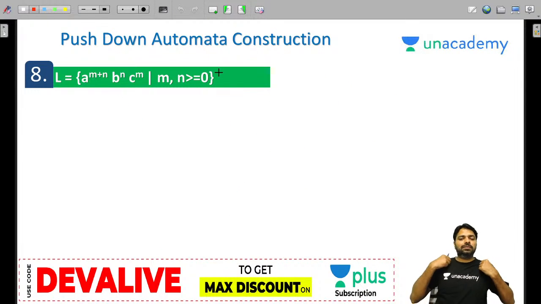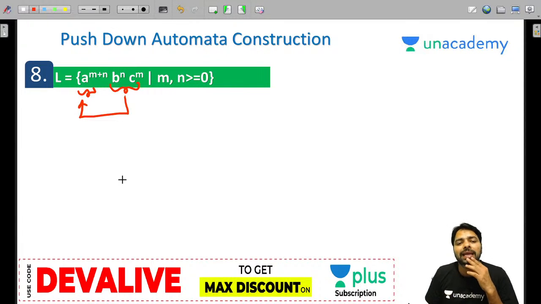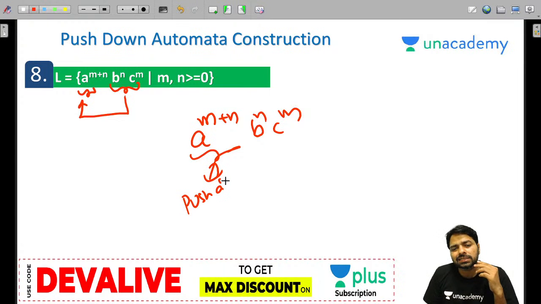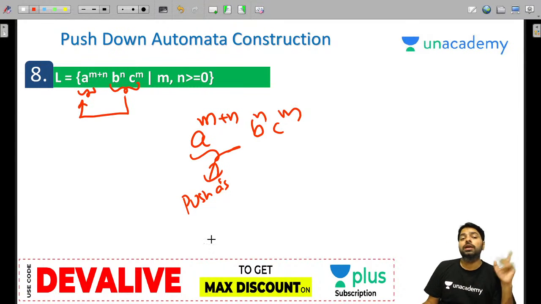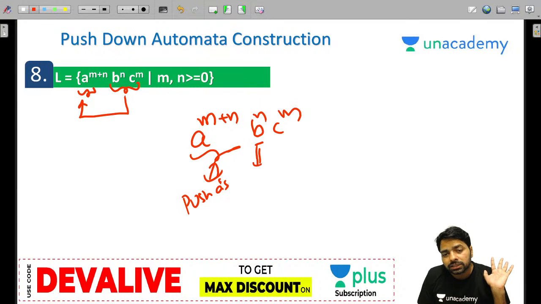Next, eighth. Same kind of concept. Now this sum of b and c is equal to the total number of a's. Blindly, what do you do? In the beginning, all the a's are pushed as it is, m plus n a's. If you want to push x, you can also push x, no problem. For b, just pop. But how can you guarantee n?